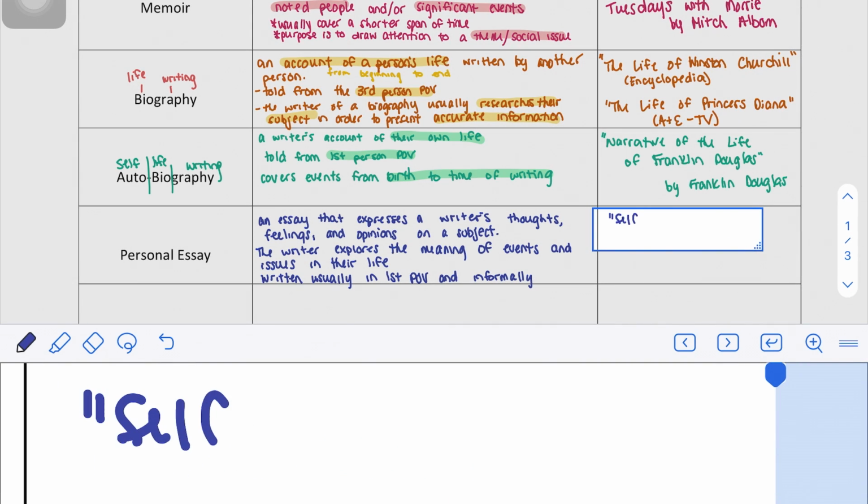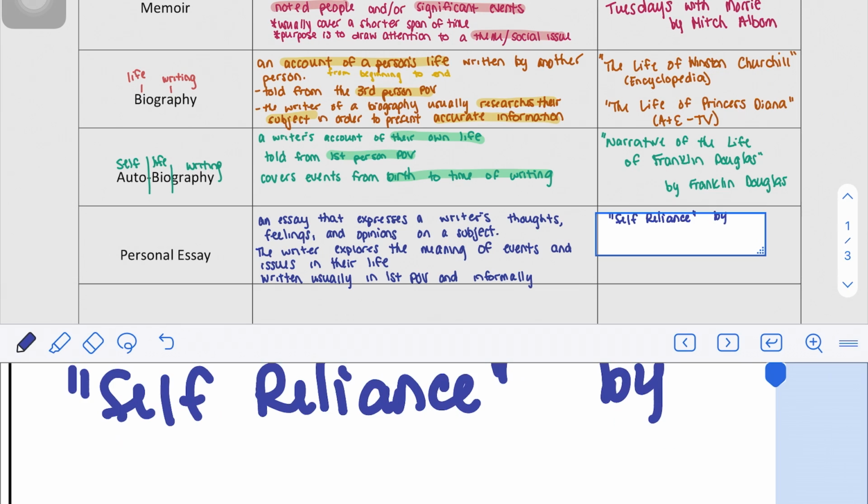An example is an essay called Self-Reliance by Ralph Waldo Emerson.